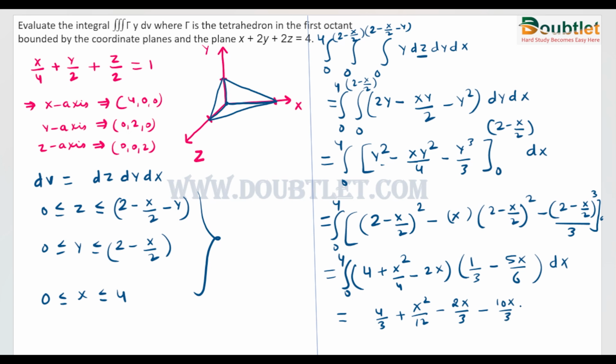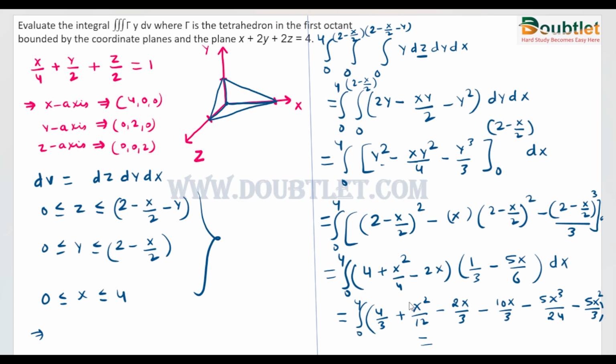So now we need to multiply it, like it will become 5x cube divided by 24, and it will become 5x square divided by 3. And now we need to integrate this. So we can further solve it here. So this is the x cube term.